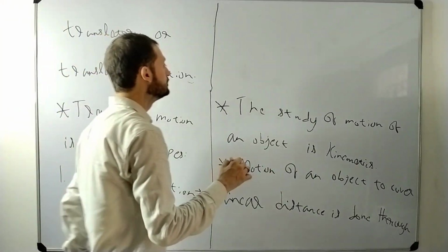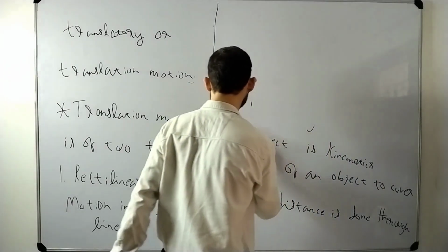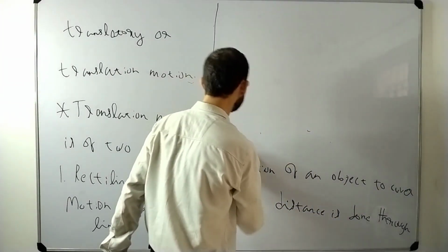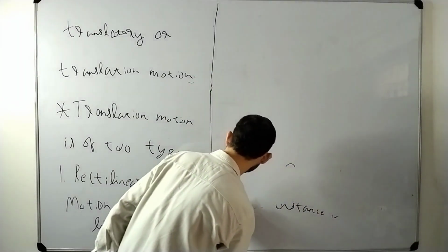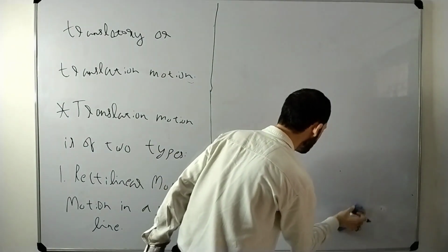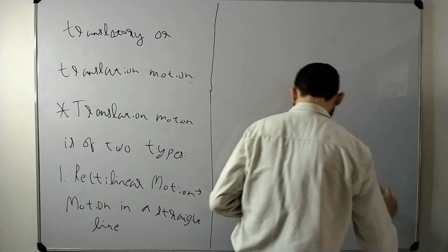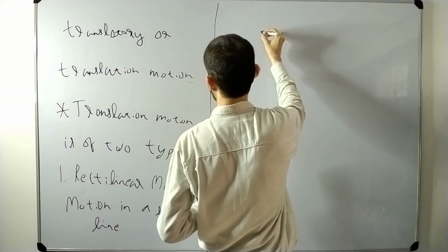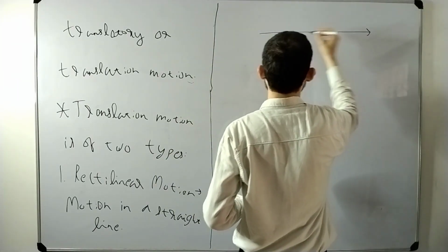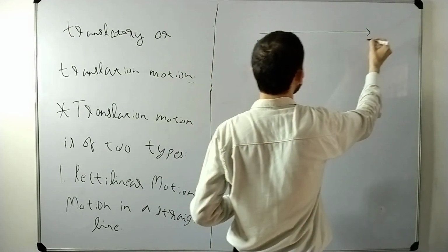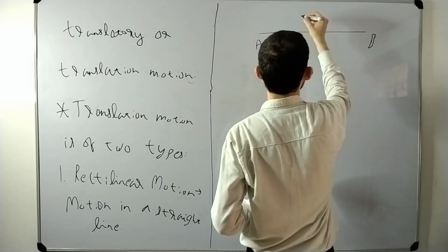Yes sir. So let us draw. This is rectilinear motion, students. So we have 2 points A and B, right students? A and B, and this is rectilinear motion.